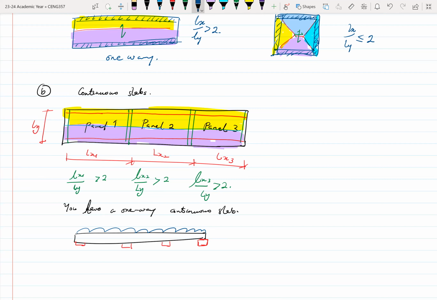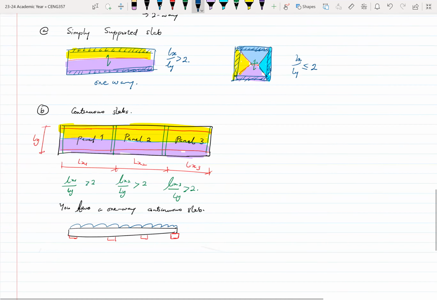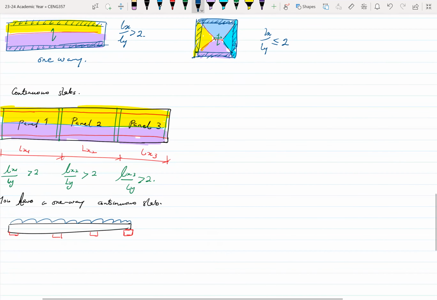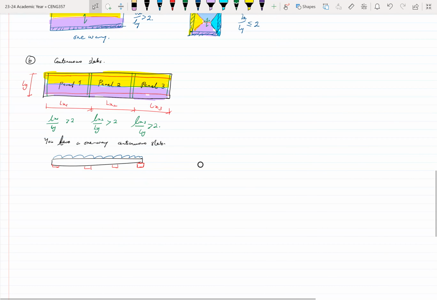So if the spans are the same, and if the loading satisfies certain conditions, then we can use coefficients for bending and shear to calculate the shear force and bending moments in the structure. Okay. So this is a continuous slab with a one-way configuration. You can also have a continuous slab with a two-way configuration.